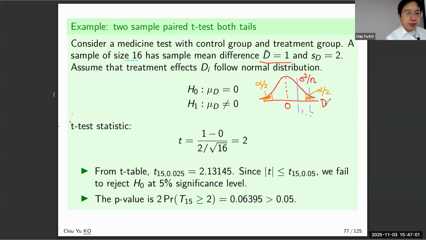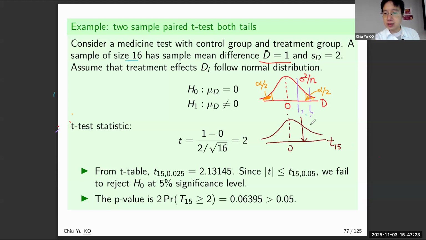So what we're going to do is to use the t, and t has n minus 1 degrees of freedom, so t15. The mean will be 0. And 1 is what?